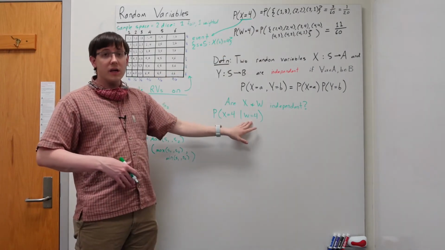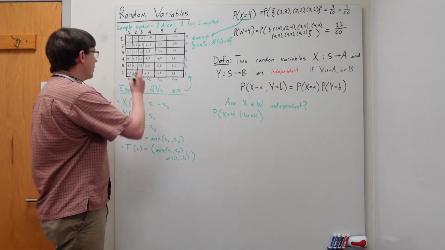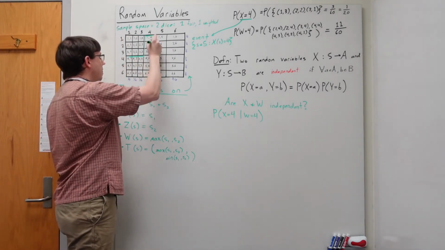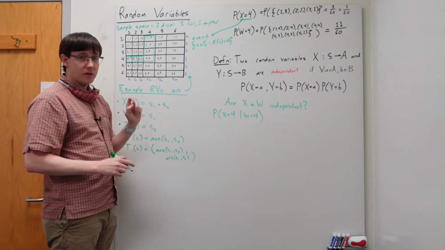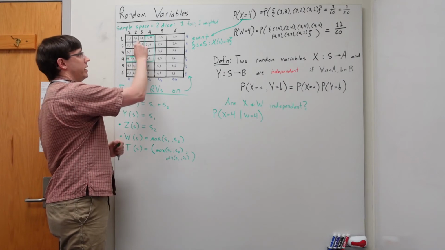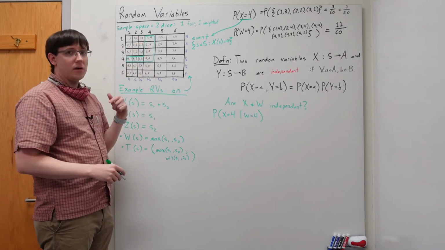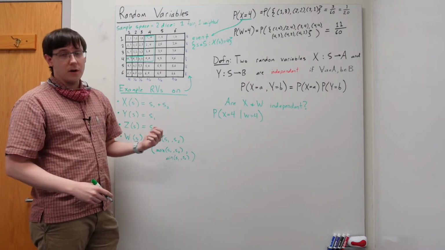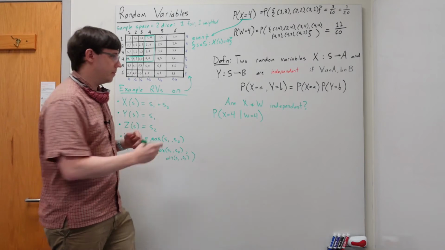If we're conditioning on W having the value 4, then we know that we are in this subset of our sample space, but X takes on the value 4 in only these 3 outcomes, and so the probability of X being 4 given that W is 4 is 0.